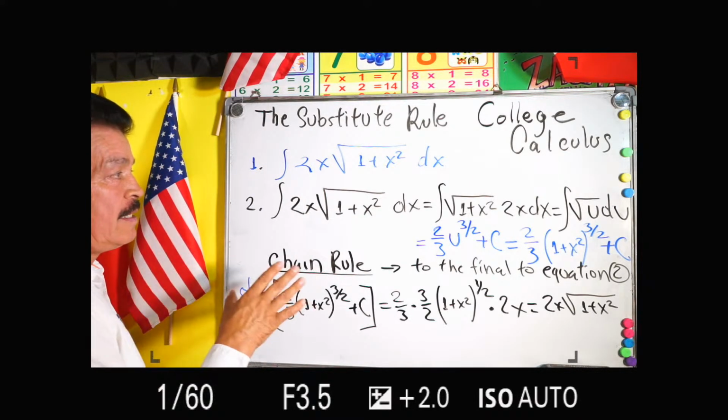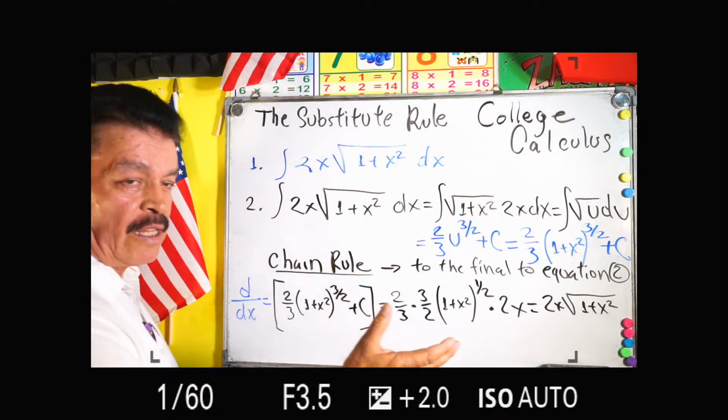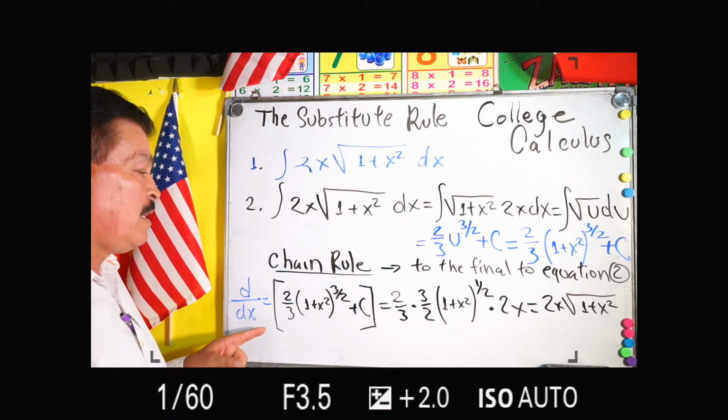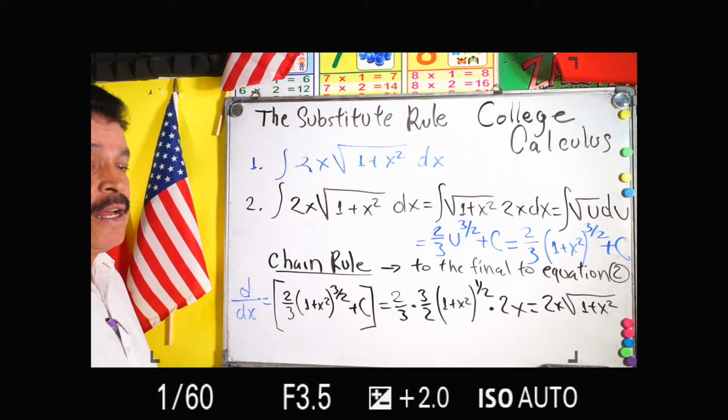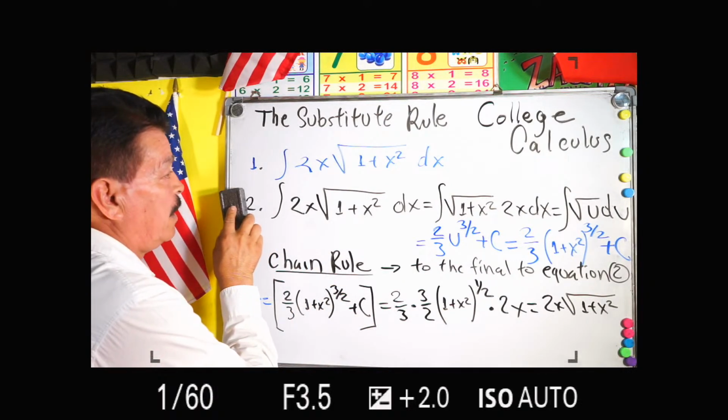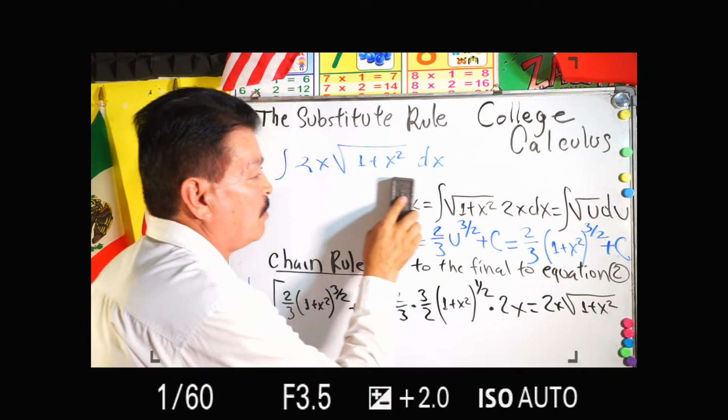I will erase this window to continue with another step. Here we are allowed to write it into this form. I will erase step number 2.